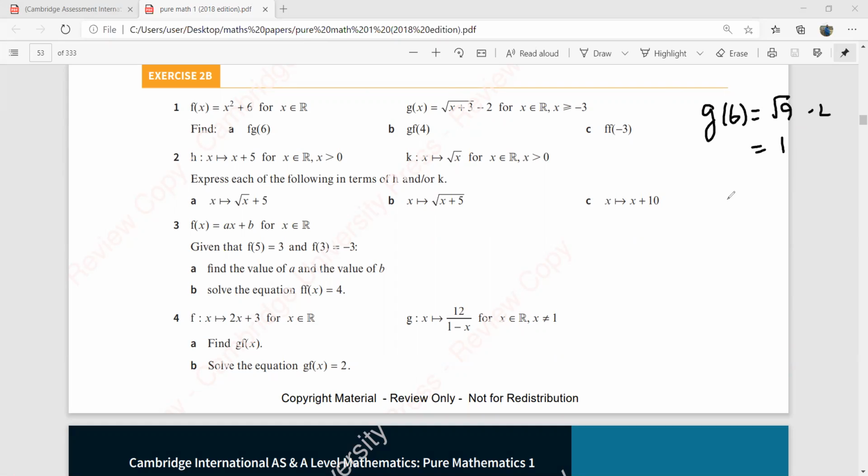That is 1. So when it says find fg of 6, you must take it as finding f of 1. Please try these questions, maybe these first 4 questions, and then we move on to the next questions.